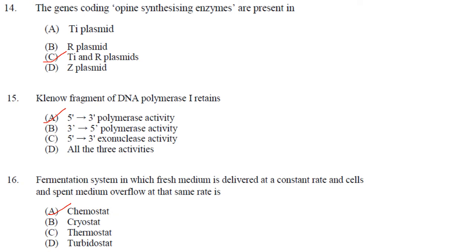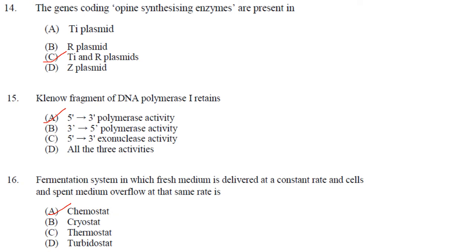Opine biosynthesis is catalyzed by specific enzymes encoded by genes contained in the small segment of T-DNA, which is a part of Ti plasmid in the case of Agrobacterium tumefaciens and Ri plasmid in the case of Agrobacterium rhizogenes.